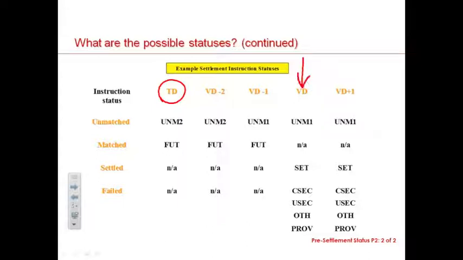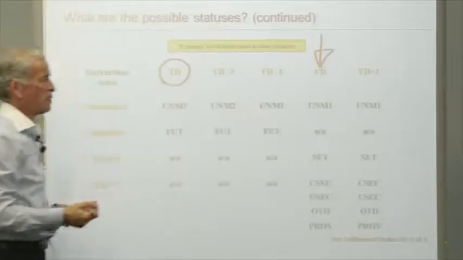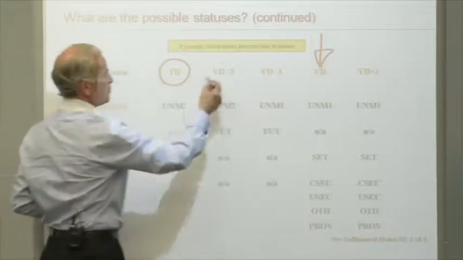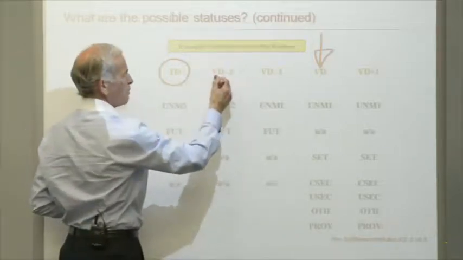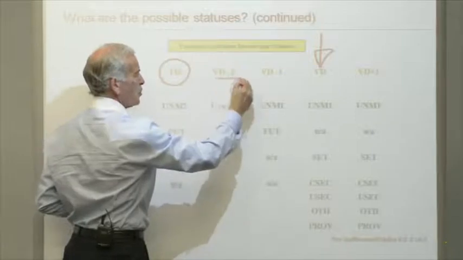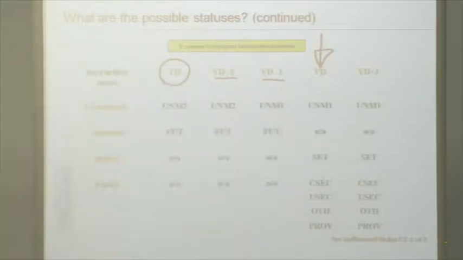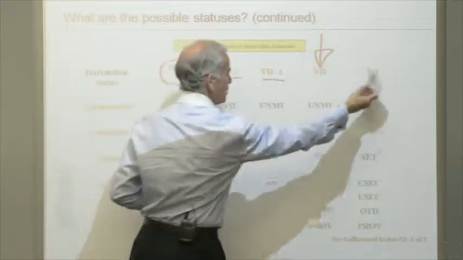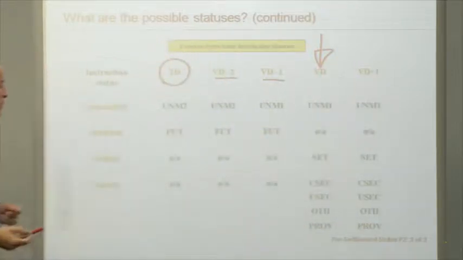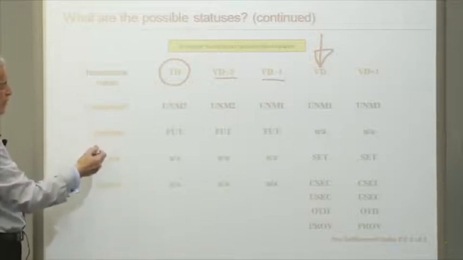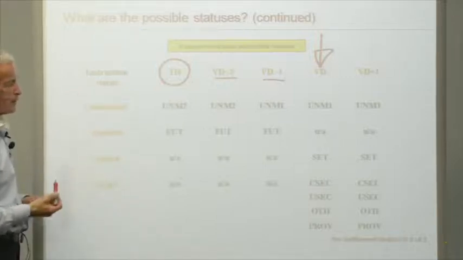This is the all-important date here, value date. And the dates in between trade date and value date are represented by value date -2, value date -1 before you reach value date, and we also go beyond value date as well. And here are the possible statuses: unmatched, matched, settled and failed.